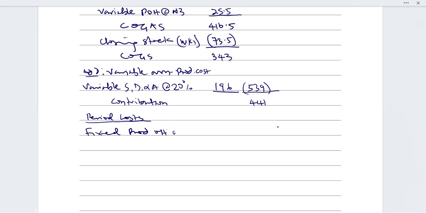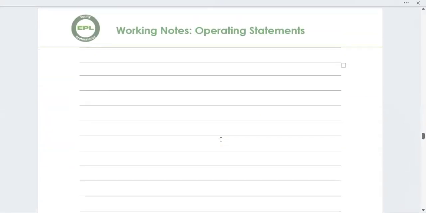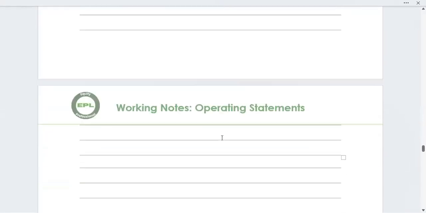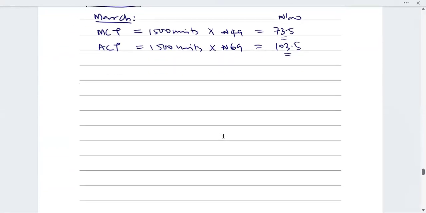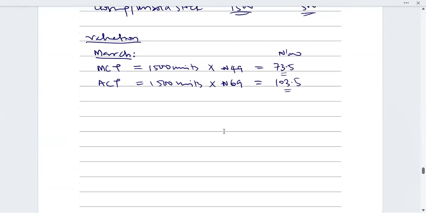Now, let's go and do working for this. Remember what I told you, under marginal costing approach, your fixed production overhead is based on the budgeted output. It's not based on actual, so you multiply the fixed overhead absorption rate with the budgeted output. I will also do it for September.